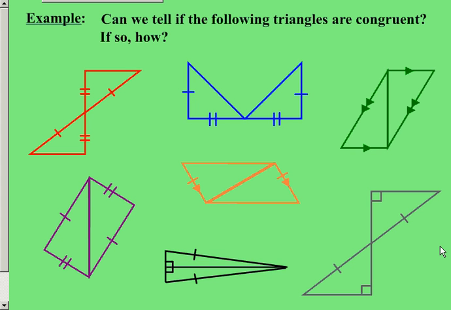Okay, so there are on the screen there 7 different sets of triangles that might be congruent or not. I want you to take a moment, press pause, and copy down all of the different sets of triangles, including the information that is provided, obviously, parallel markers, tick marks, right angles, all that good stuff.